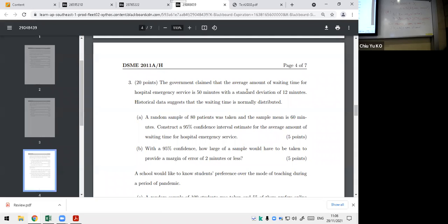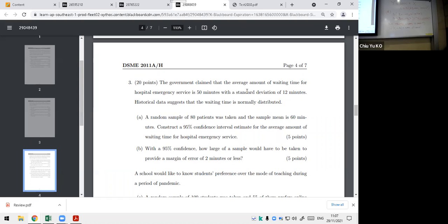That should be simple, right? This is x bar plus minus, it's normal, and you know the sigma. I don't think I need to go further to tell you how to do this. The only thing is to find this guy, then just plug in the number.